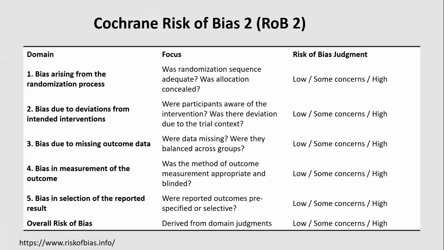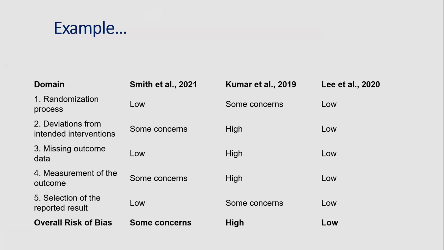So this is one of the examples, like how this tool looks. It's only the domains I have mentioned in this slide. So for example, as I told, based on the 5 domains, if there are 3 studies, you have to mention what the randomization was in the Smith study, like low. Then in the Kumar study, they have mentioned some concerns, and the Lee study has mentioned low concern.